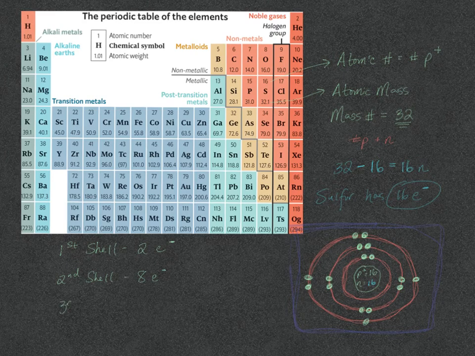And for our purposes, and this is as high as we're going to get in terms of the number of shells that an atom has, our third shell can also hold 8 electrons. Those are your rules. This is super important when we create Bohr diagrams. We need to know how many electrons those orbitals or shells can hold.